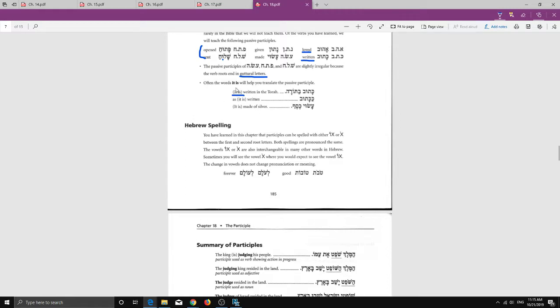We don't have an "it." If we had an "it," we could imply the "is" with a noun sentence sort of thing, but there's not really an "it" here. Literally, this is written in the Torah, as is written, and then made of silver. So as long as you're aware that this is literally what it says, maybe it's okay to add the "it is."